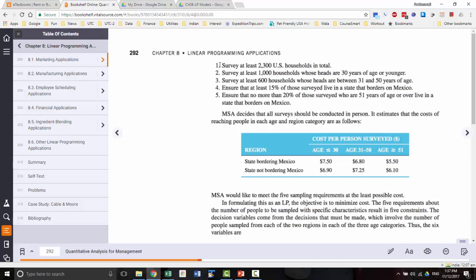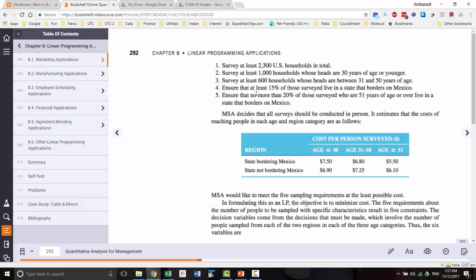So the parameters are, okay, we have to survey at least 2,300 US households. At least 1,000 households must be with heads of household 30 years or younger. At least 600 must be in this age range. Okay, so those are the numerical requirements.